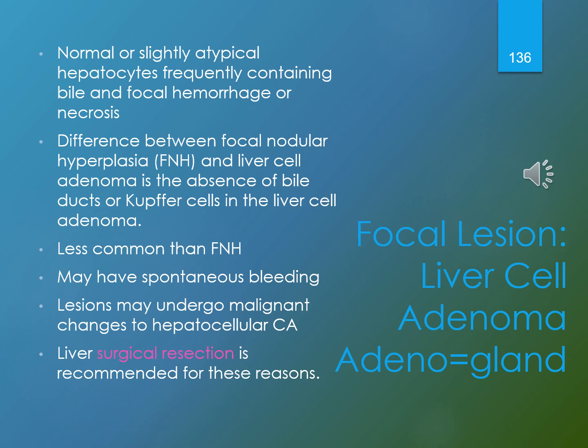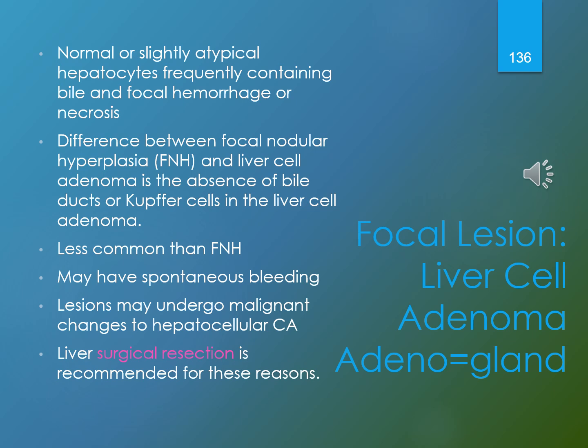Just like our liver cell adenoma, it can also turn cancerous, and that's why liver surgical resection is recommended. Now, this area is called a gland because hepatocytes excrete stuff, and so therefore they're considered glands.